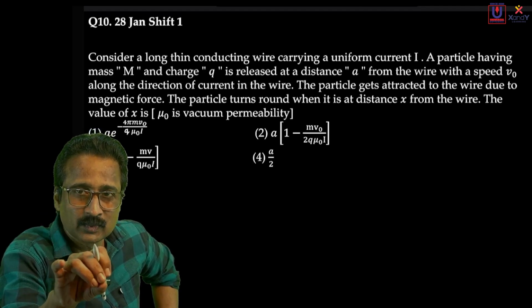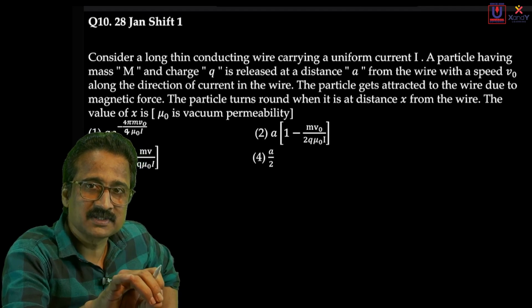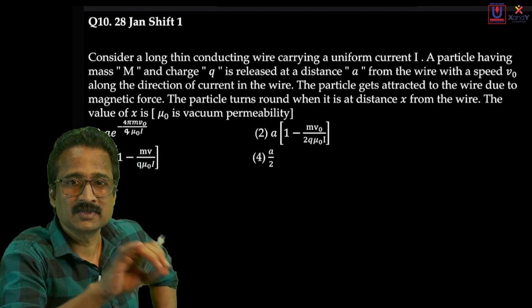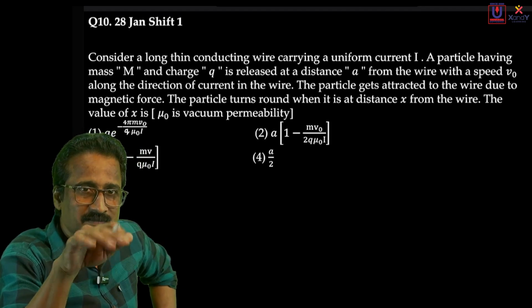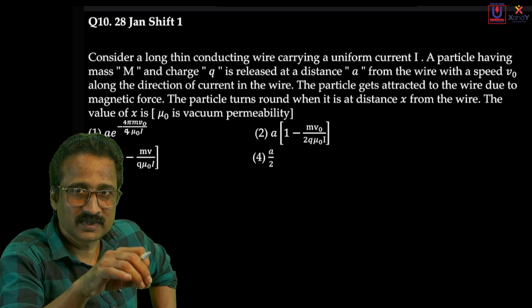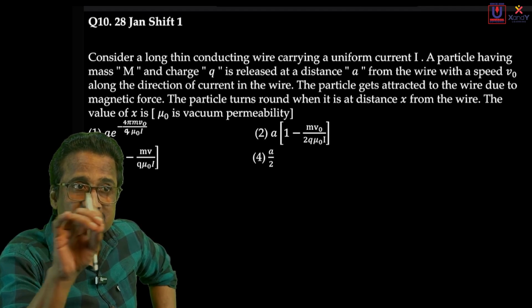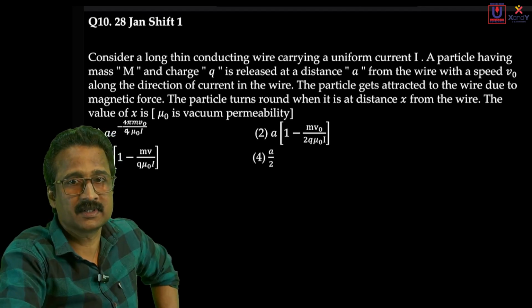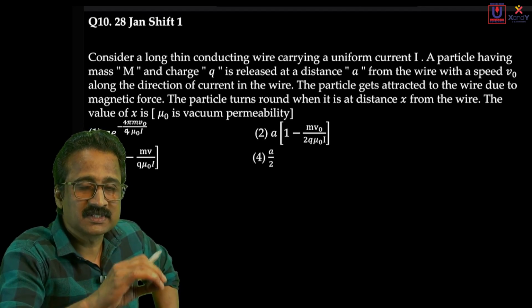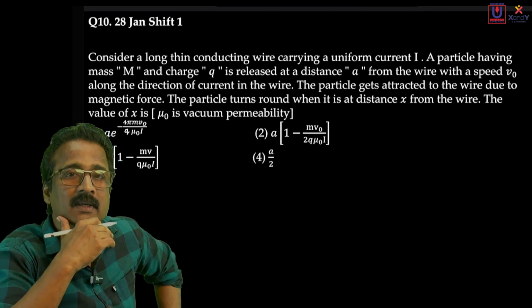Now they ask, where will the particle be later when its velocity gets reversed? After some time, covering a certain path, the particle is expected to reverse its velocity. If the velocity is given upward in the initial moment, after some time the particle will reverse its velocity. When it reverses its velocity, at what distance x will the particle be?